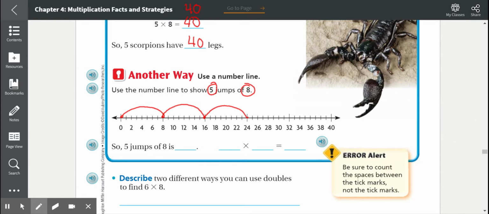Count another 8: 1, 2, 3, 4, 5, 6, 7, 8. Okay, that's 4 jumps, so 8 more: 1, 2, 3, 4, 5, 6, 7, 8, all the way to 40. So 5 jumps of 8 is 40 because 5 times 8 is 40.